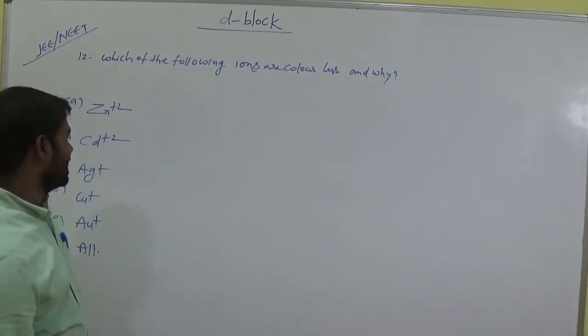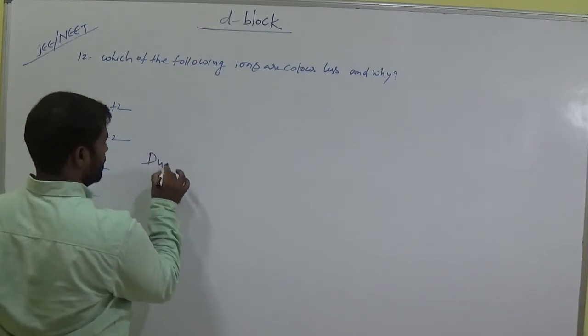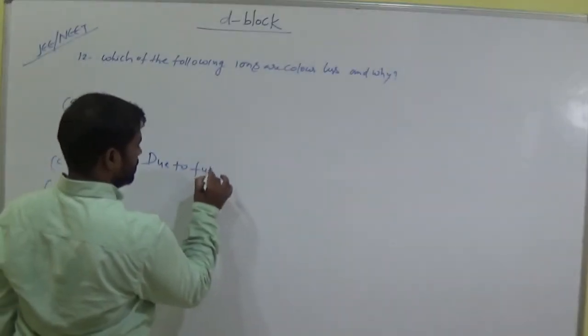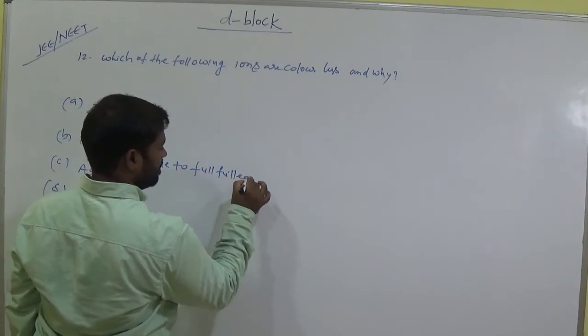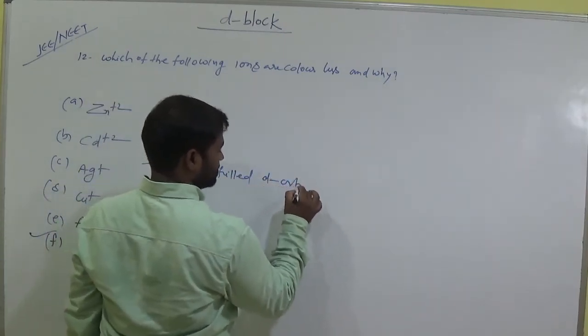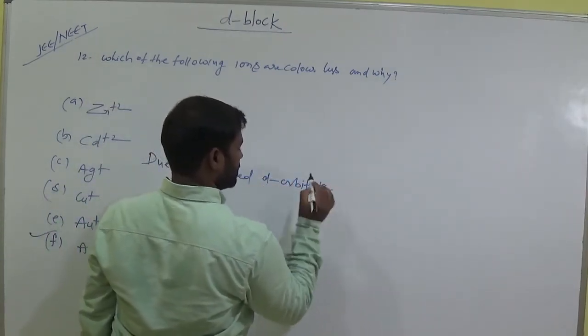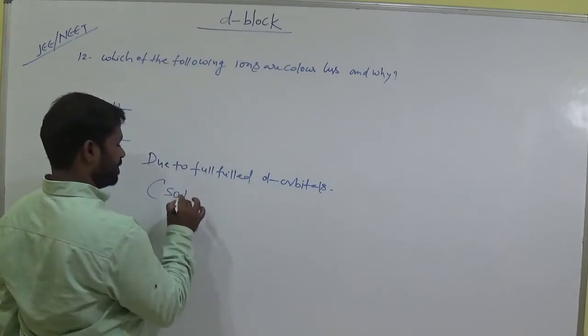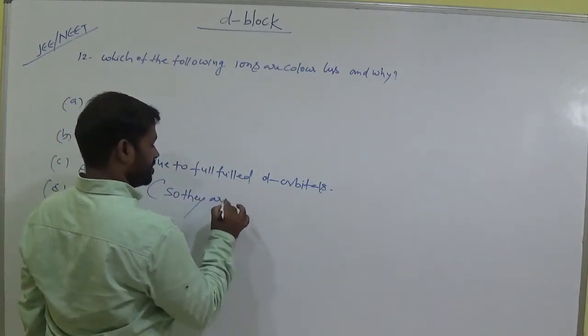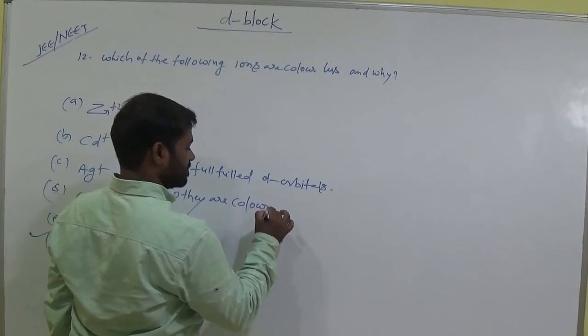All are colorless due to fulfilled d orbitals, so they are colorless.